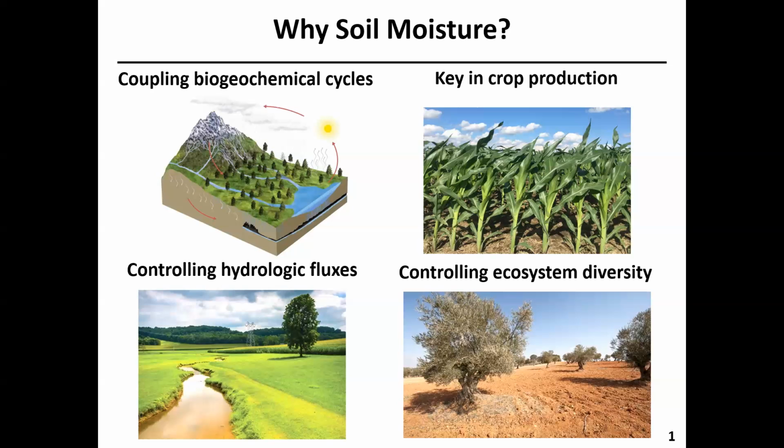And also the partitioning of land surface water fluxes, for example, a precipitation event partitioning into runoff and infiltration, depends on the soil moisture. And also soil moisture controls ecosystem diversity and function. So for many reasons, we need to have accurate data of soil moisture content at a variety of scales, from field scale up to the global scale.